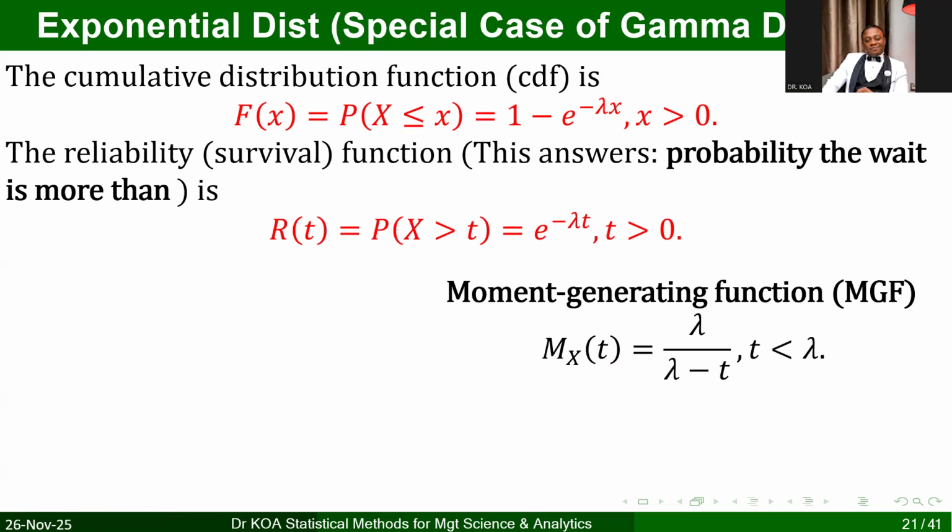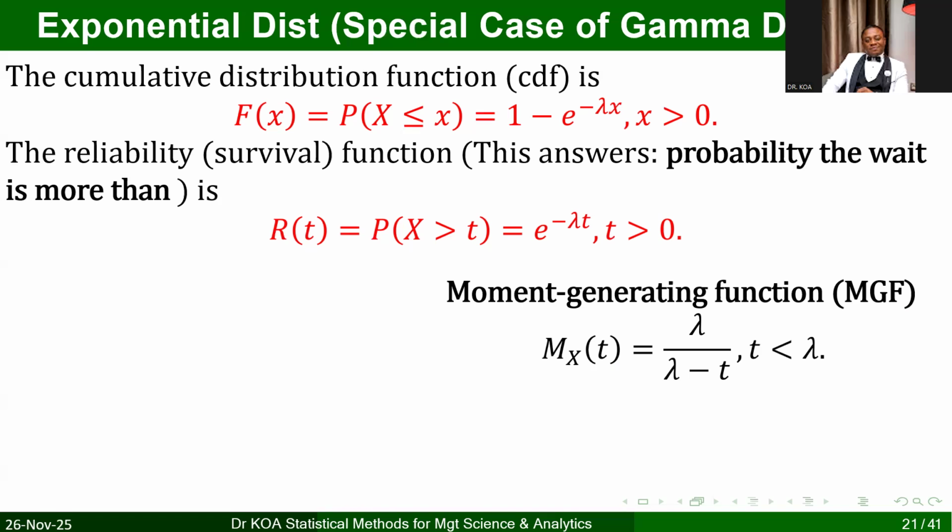Moment generating function. That is because the survival rate is like the time it takes for you to wait before you die off, before you fail. Within that time you are waiting to die off, you can split it into parts, the time it takes for you to die, or the time you stay alive.